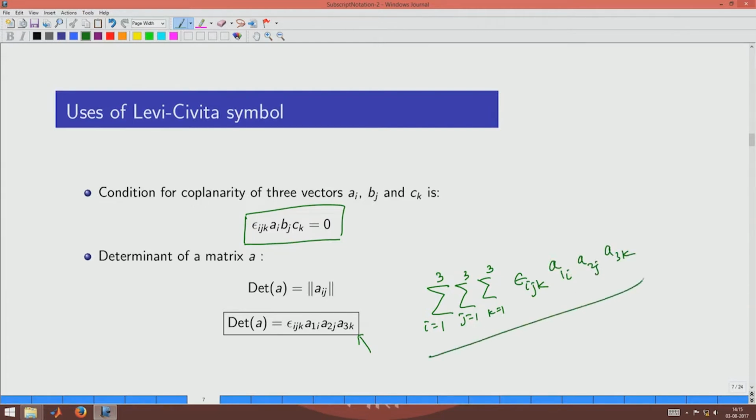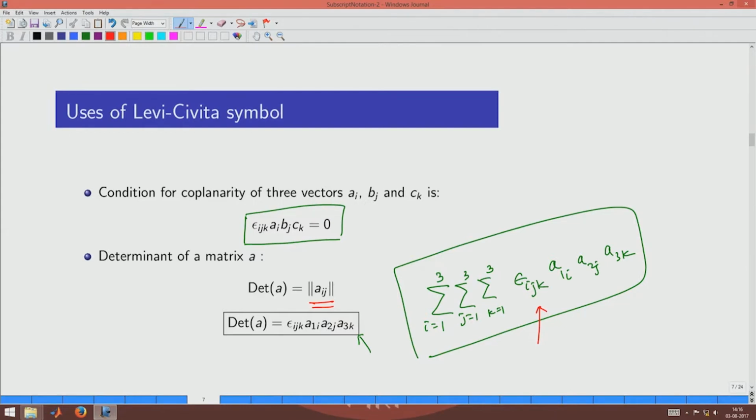If you expand this, and knowing that epsilon has values like +1 and -1, you could immediately see that this must be something to do with the determinant, and if A were to be a matrix, then this gives you the determinant, and this actually allows you to write programmatically how to evaluate the determinant once the matrix epsilon is already available to you. So, these are the simple usages of the permutation matrix.